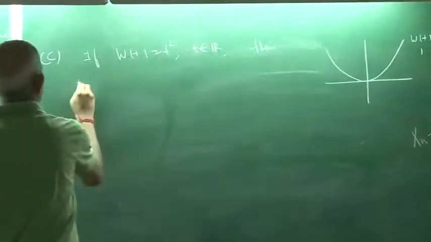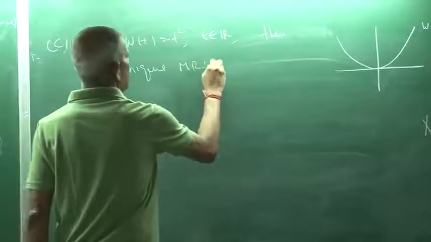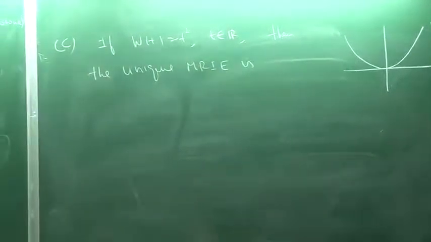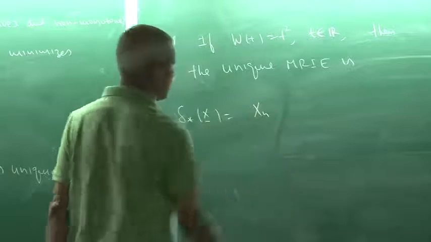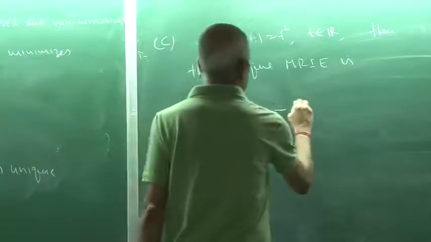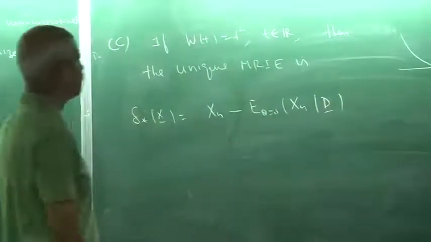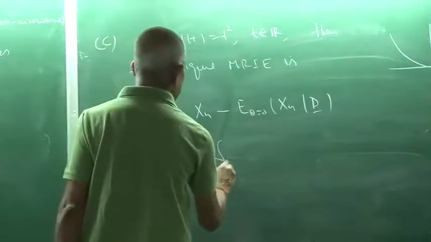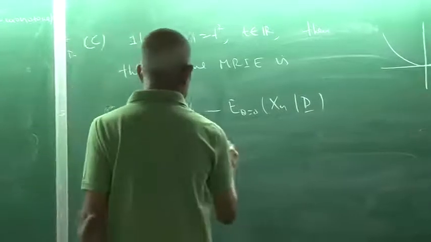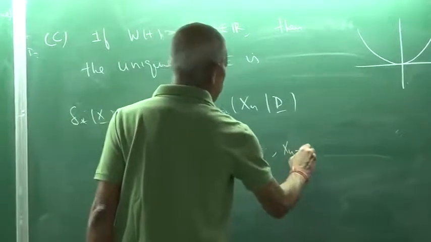Then the unique MRIE is delta star x, which is basically nothing but xn minus E theta equal to 0 of xn given d. That is what we have seen, which is nothing but the integral from minus infinity to infinity of t times f of x1 minus t, ..., xn minus t dt.